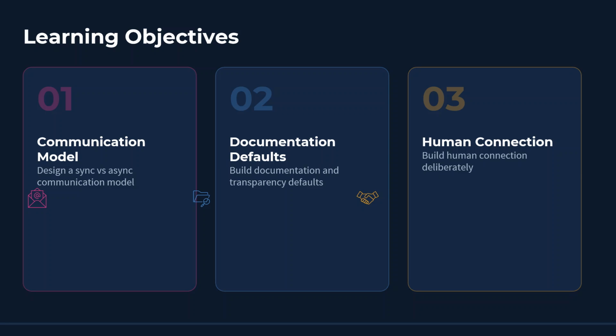Second, you will be able to implement documentation and transparency defaults that replace the ambient information an office used to provide. Third, you will be able to build human connection on a distributed team with the same discipline you apply to delivery, because isolation is the single largest threat to a remote team's performance.